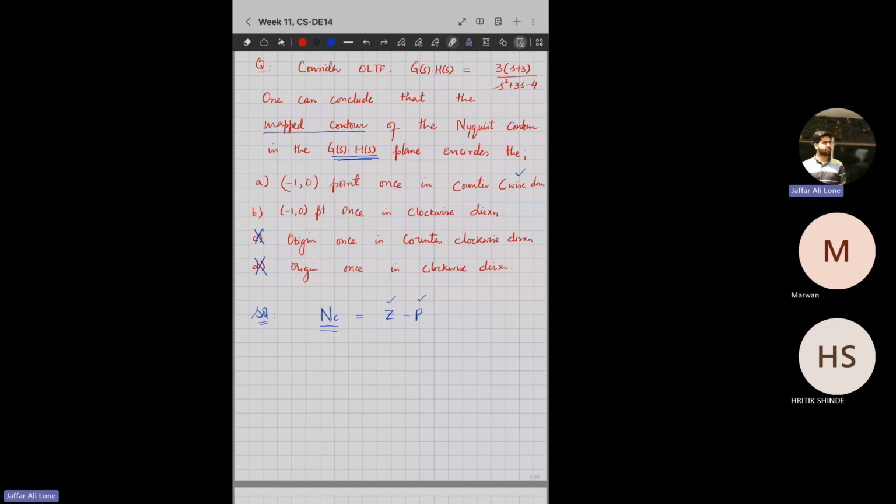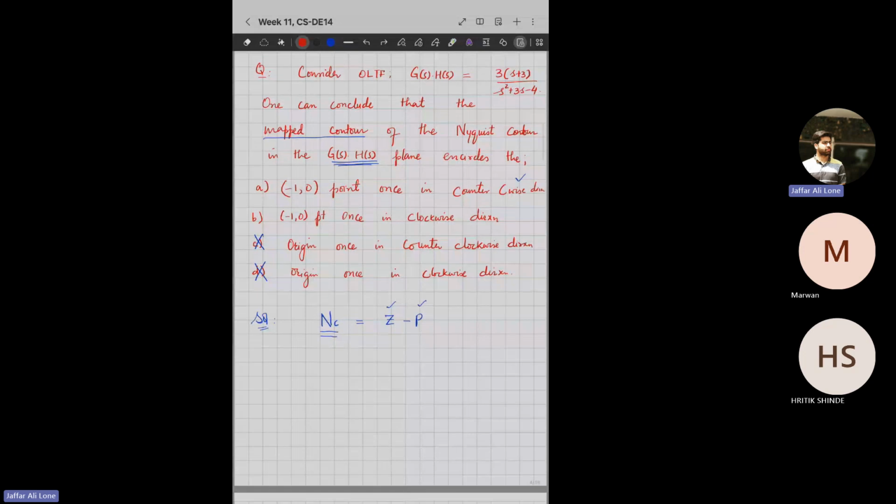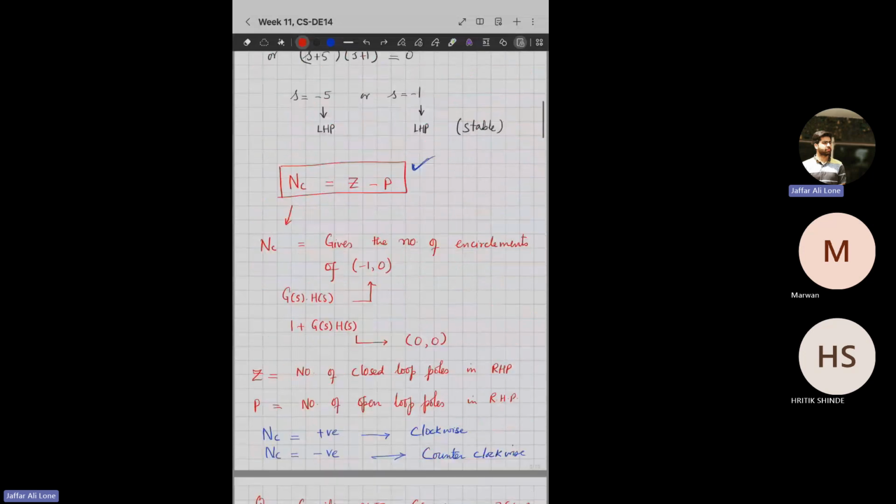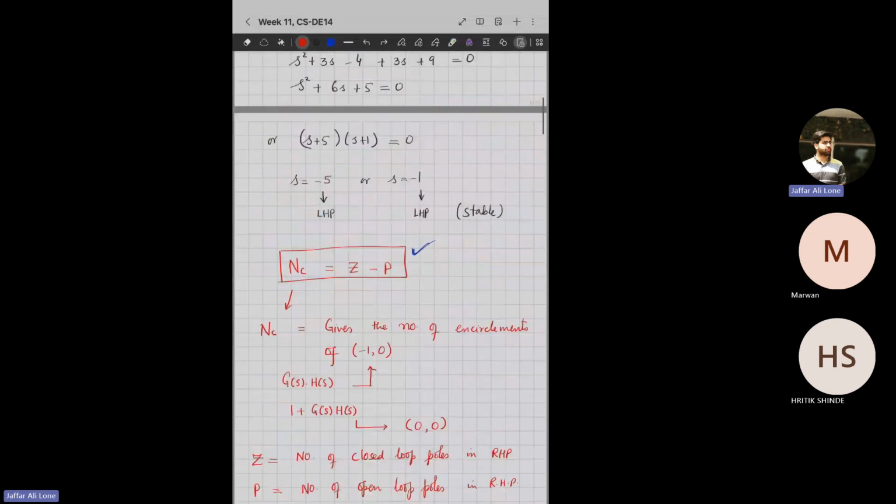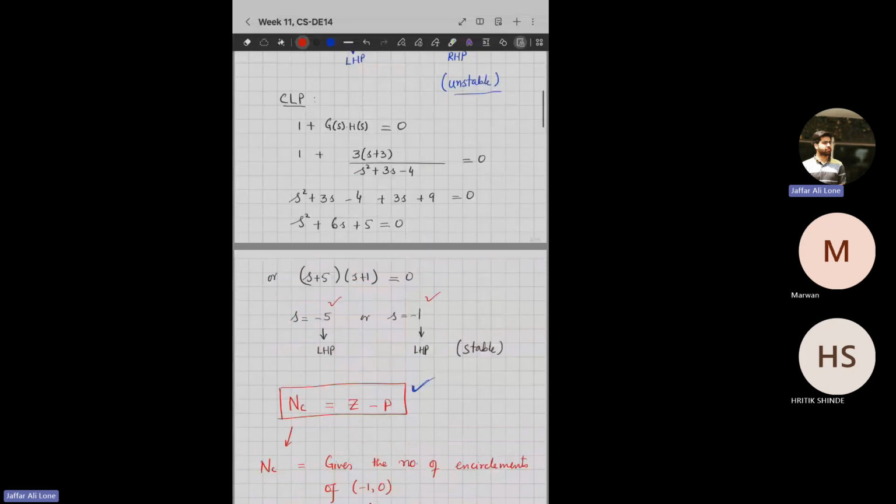Now we have to see which is the correct option, whether it encircles -1, 0 in counterclockwise direction or it encircles -1, 0 in clockwise direction. See, we have already solved this question. So we found that Z, which are the closed loop poles in the RHP, is 0. The closed loop poles were -1 and -5, and the open loop poles were -4 and +1.